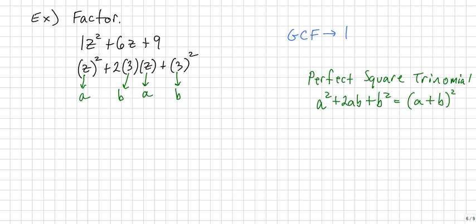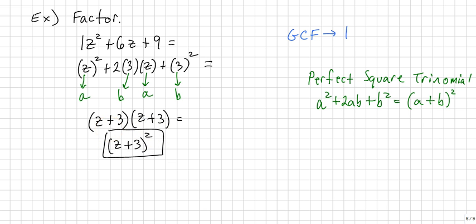So we have exactly this pattern: a squared plus 2ab plus b squared. So that tells me that this equals this, which equals, I can now factor it as a plus b times itself, which when we simplify, since it's anything times itself, it's just that squared.